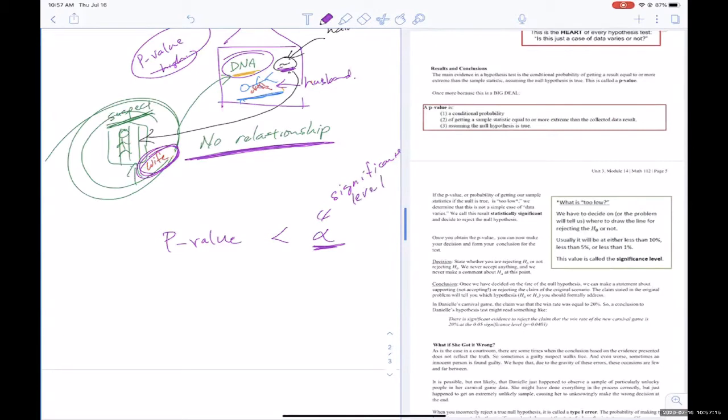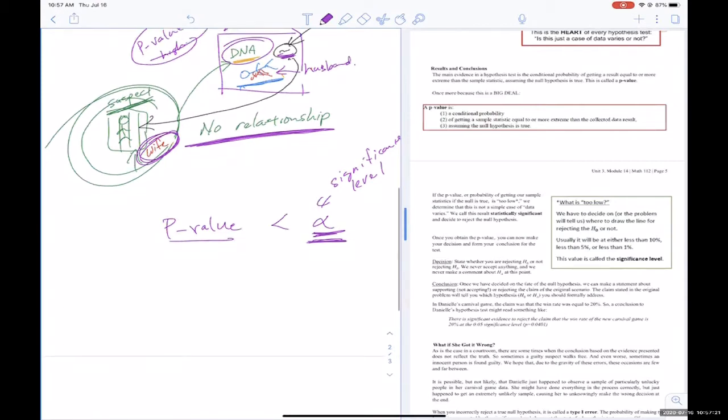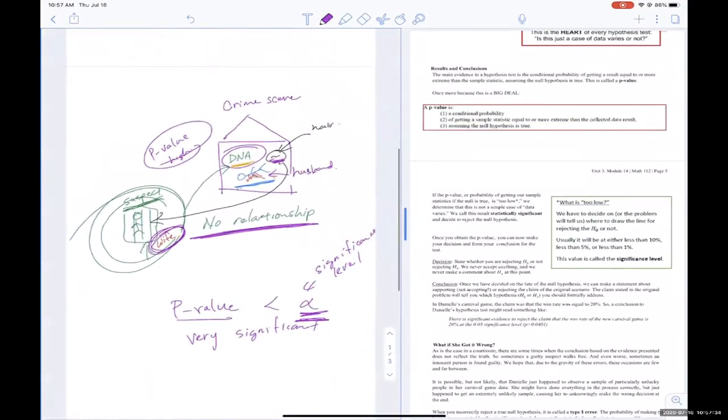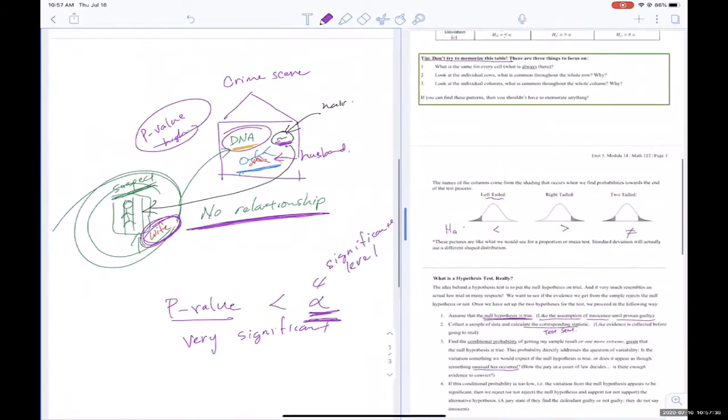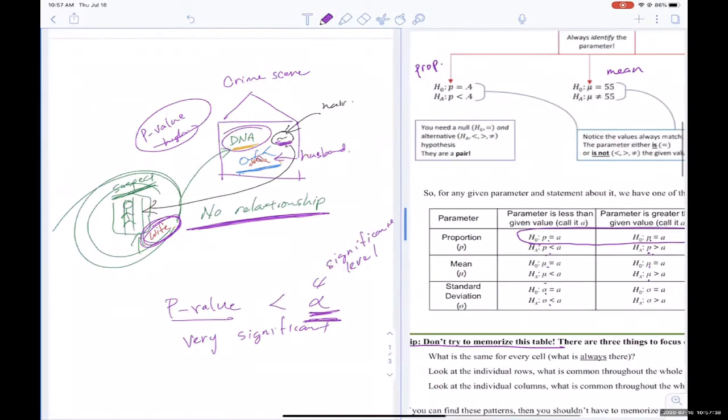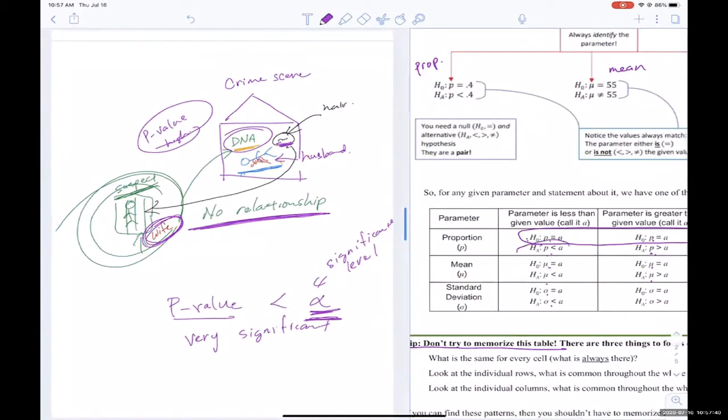If your p-value is smaller than your alpha, then it's highly significant. And if it's very significant, then you reject the null hypothesis and accept your alternate hypothesis.